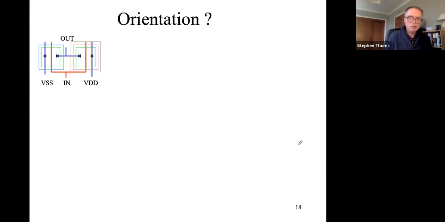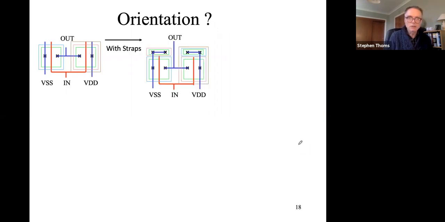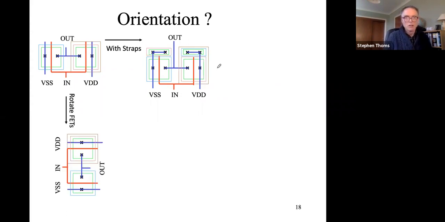So I've drawn it like this initially, but that's not the only way we can draw it. Okay, let's put the straps in first of all. So we put the straps here and here. We could, of course, put the straps on the left and on the right. There's different arrangements which we could do. Another thing we could do is we could rotate this whole arrangement here.